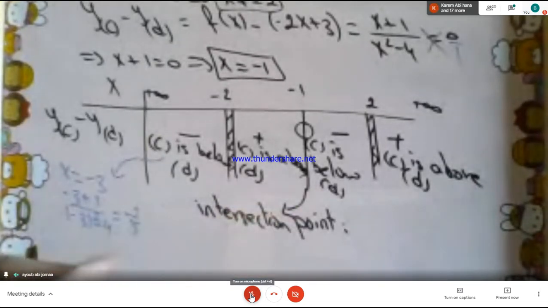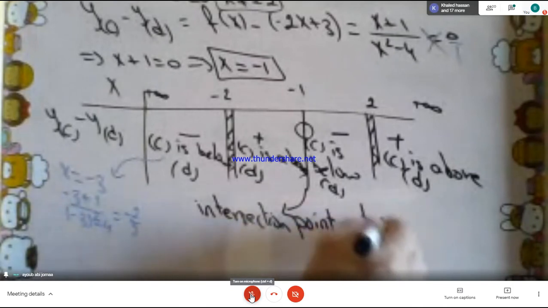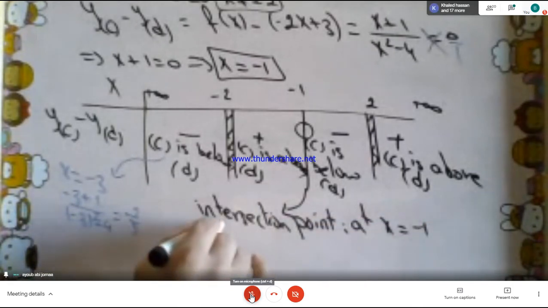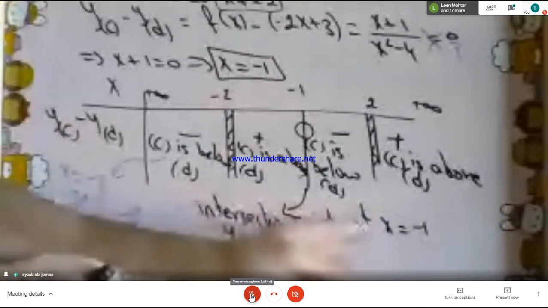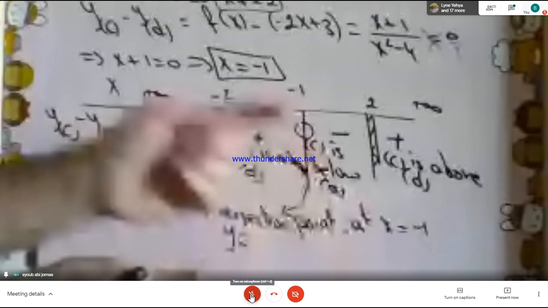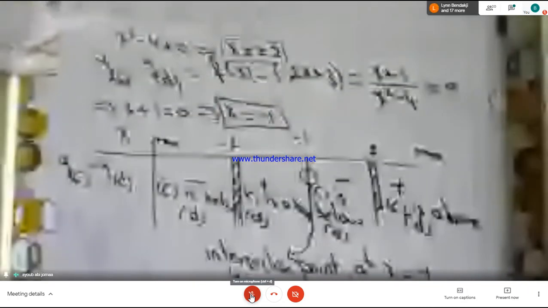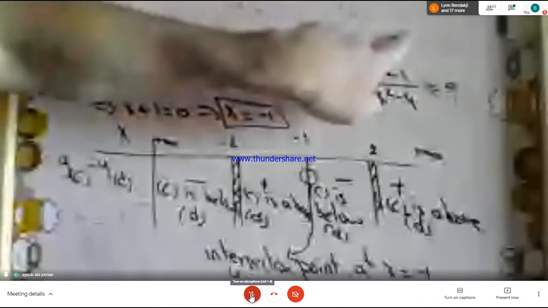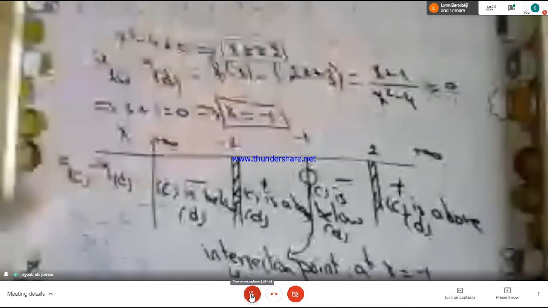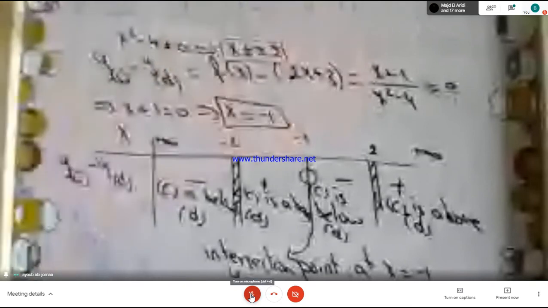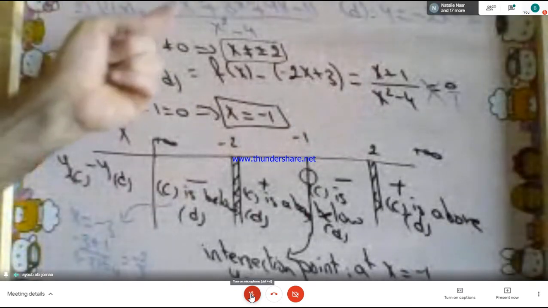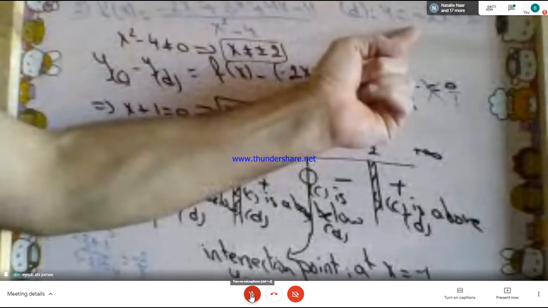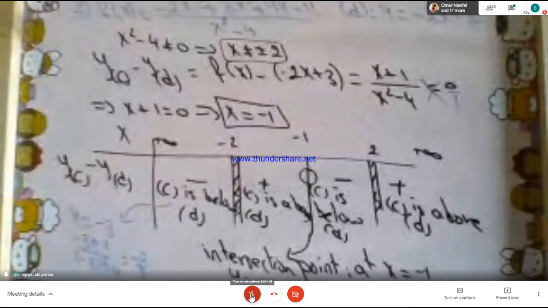I'm going to write it in detail. At x equal -1, y will be equal to... You replace x by -1 in the function or in the straight line. It is a common point, so of course you will get the same answer. Whether you replace x by -1 in the function or in the equation of the line, you get the same value because it's the intersection point.